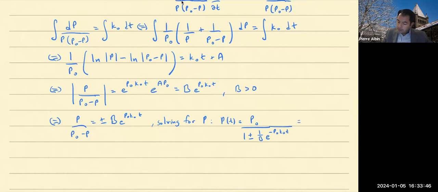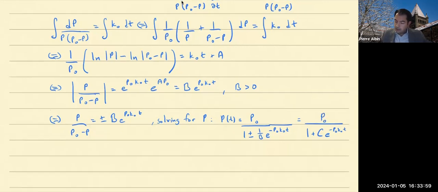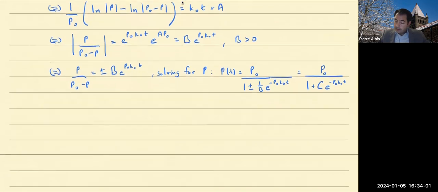Or we could write that as p naught as the numerator and 1 plus c times e to the minus p naught k naught t as the denominator, where now c is an arbitrary non-zero constant.